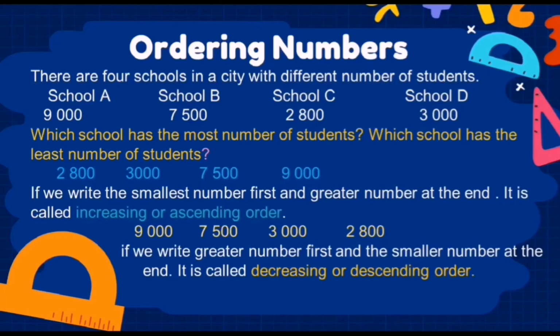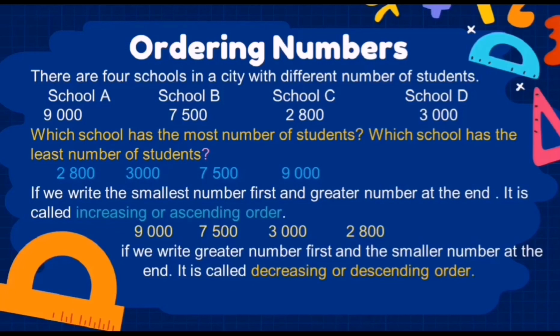And the next topic is ordering numbers. Let me explain by an example. There are 4 schools in a city with different numbers of students. School A has 9,000 students. School B has 7,500 students. School C has 2,800 students and School D has 3,000 students.